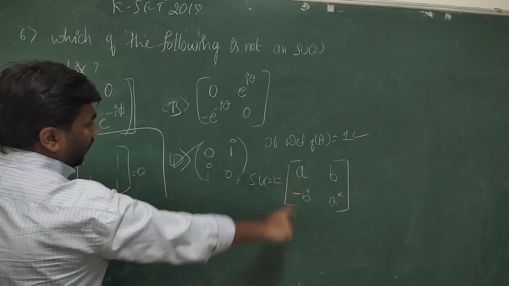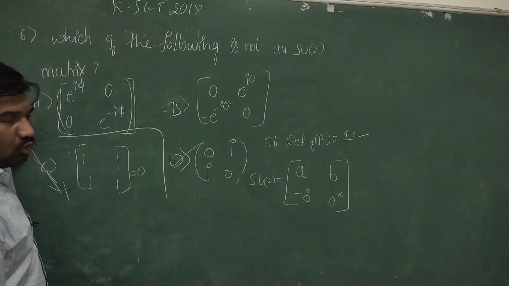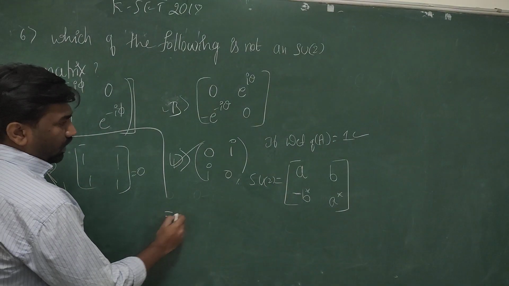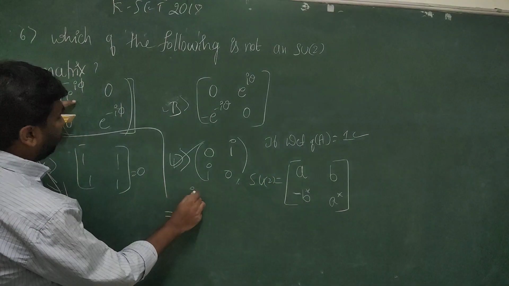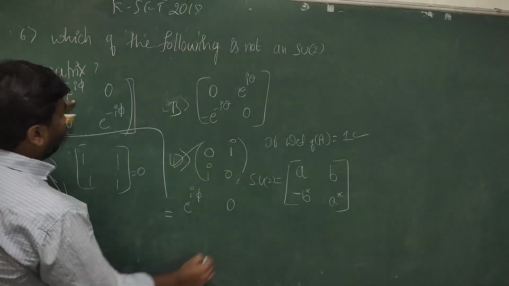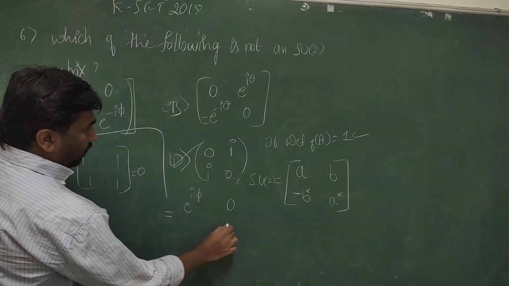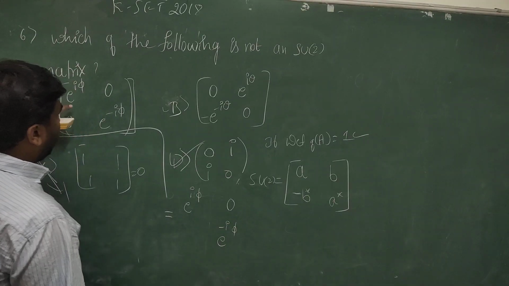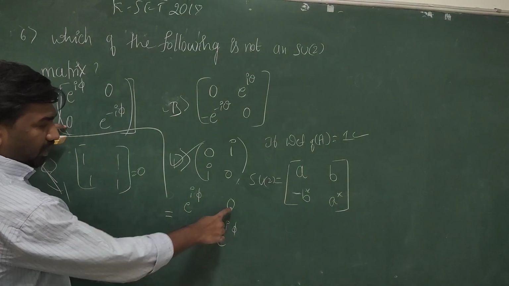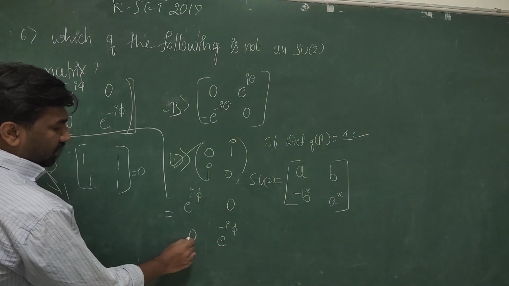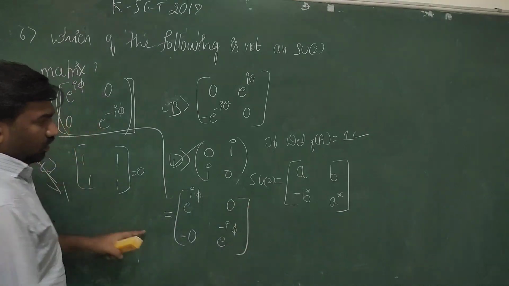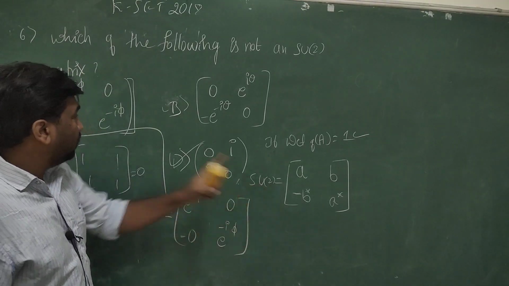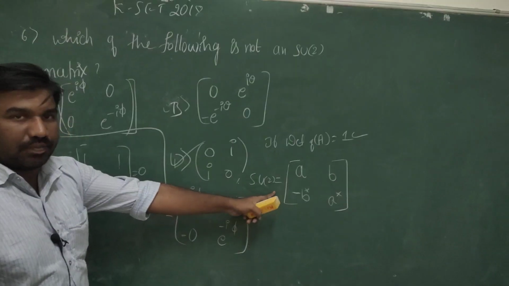So let's check the condition for SU(2). If I check A, e power i5, B 0, A star its complex conjugate e power minus i5, and B 0, minus 0 or 0 is the same. So option A obeys this condition.